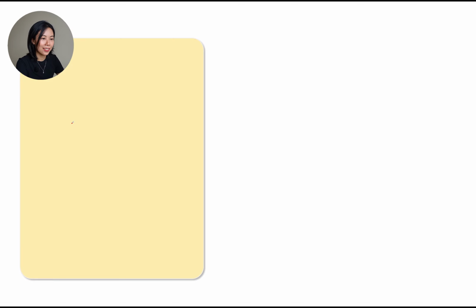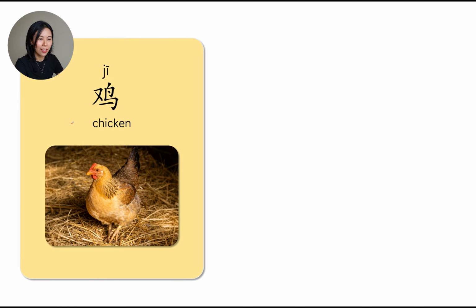下一个 next one is 鸡。鸡 is chicken. We can see on the right side of the 鸡, this is the 鸟, right? 鸟, the bird. Okay, so what is it on the left?